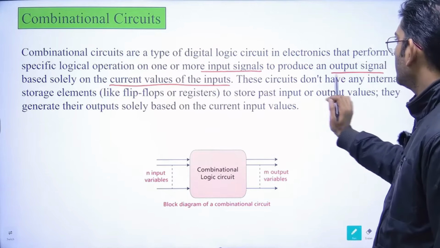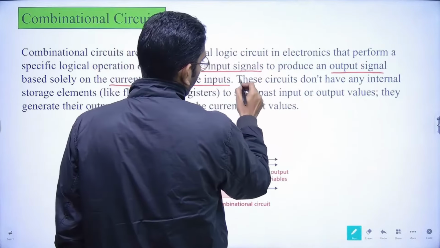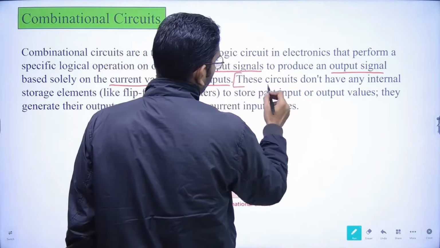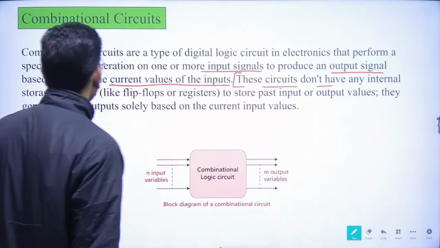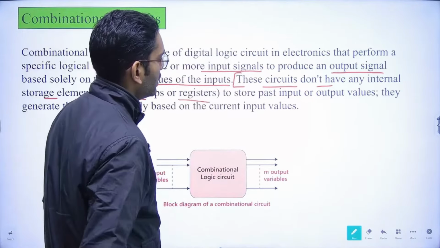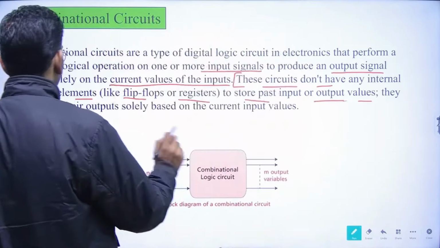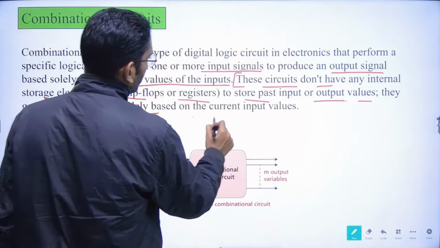These circuits don't have any internal storage elements like flip-flops or registers to store past input or output values. They generate their output solely based on the current input values.